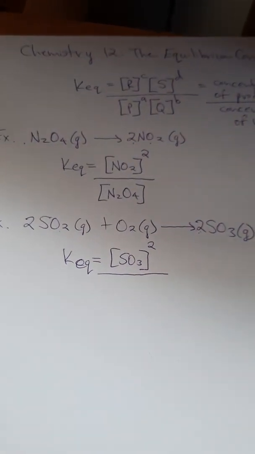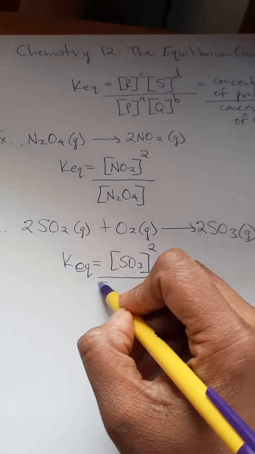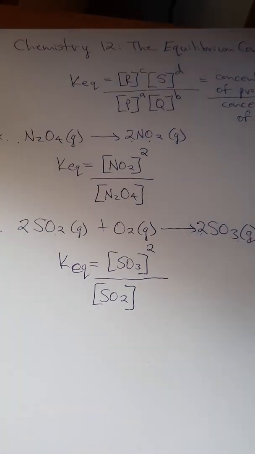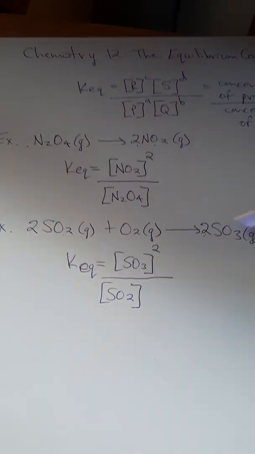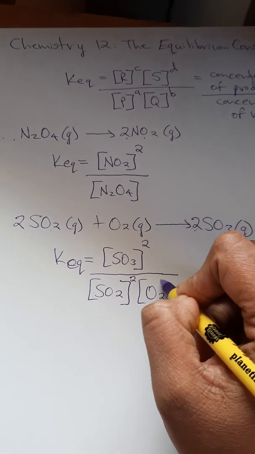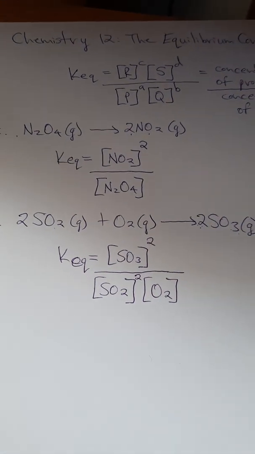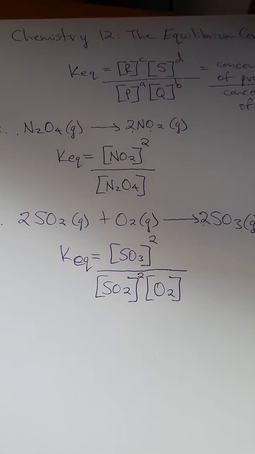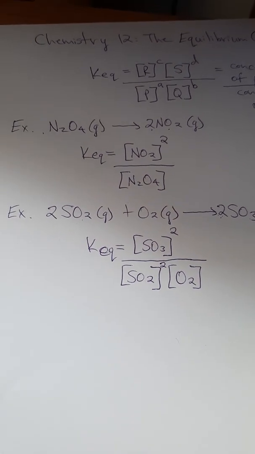Does everyone see that? Then you're going to do the concentration of the reactants. The first is the concentration of sulfur dioxide, squared, times the concentration of oxygen. This is my equilibrium constant expression. Does anyone have questions?